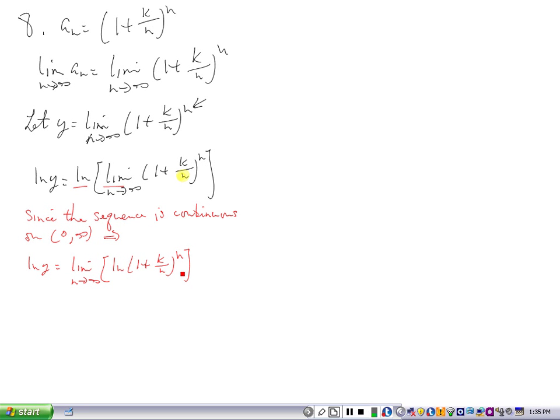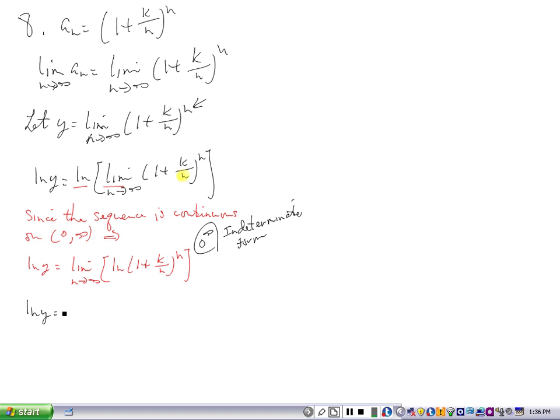Now, when you check this to see if this is an indeterminate form, as n goes to infinity I have the natural log of 1, which is 0, raised to the infinite power. So basically here I get 0 raised to the infinite power, which is also an indeterminate form. So it's safe to use L'Hopital's rule, but for L'Hopital's rule you've got to have something divided by something else. So we can manipulate this using our algebra.